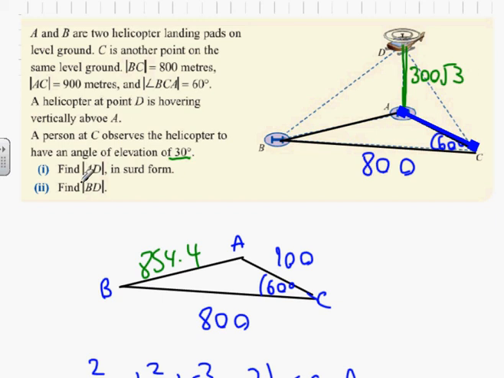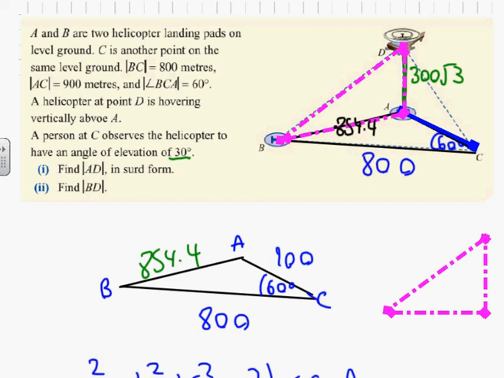Now it wants me to calculate BD, BD being this length here, that I will do in this triangle here. Now we also found out earlier on that this 854.4 is AB. So now we have quite an easy triangle to work with here. It's going to be ADB.